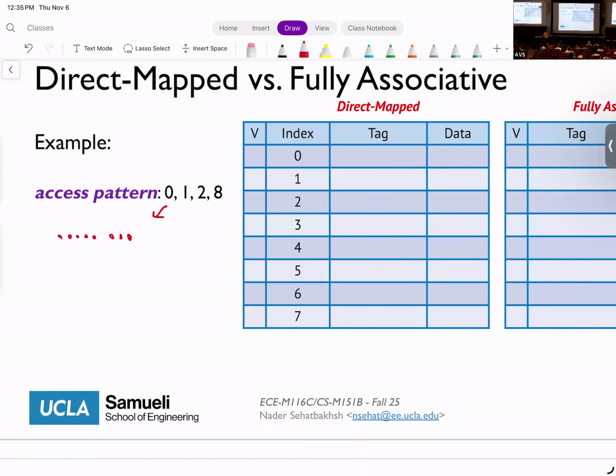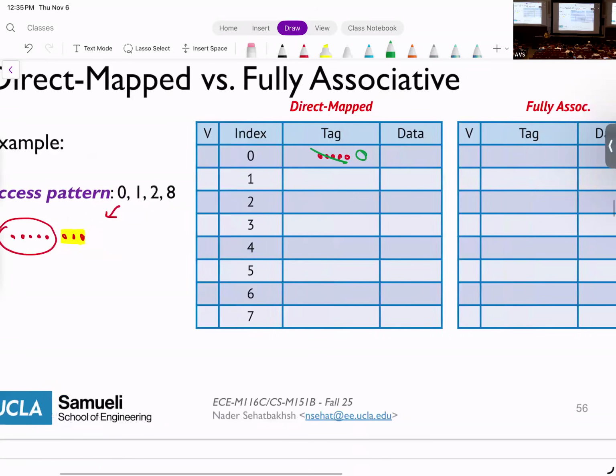So this is the address that we are adding. For direct map, the first thing you need to do is figure out what is the index for this data. In this case, it's 0, 0, 0. So what you would store is this tag, 0, 0, 0, 0, 0. If I want to simplify this, I just store 0 here. I just show it as one number, okay?